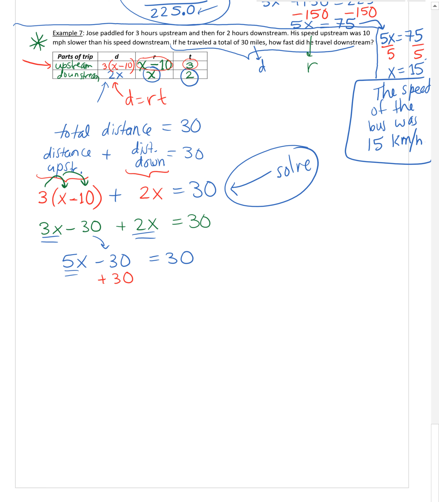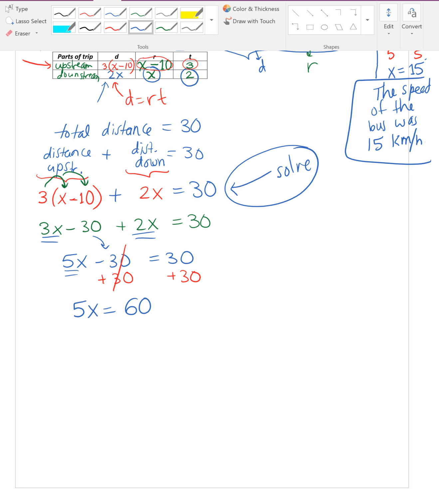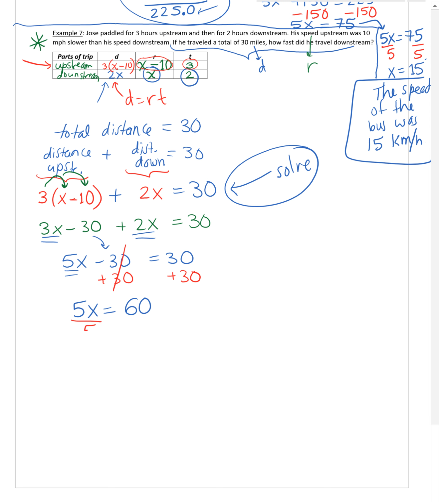Since it's subtracting, you want to do the opposite, and add it. That way 5x equals 30 plus 30, which is 60. And we're almost done. All I have to do now is divide by 5 to isolate x. So x must be 60 divided by 5, which is 12, I believe.